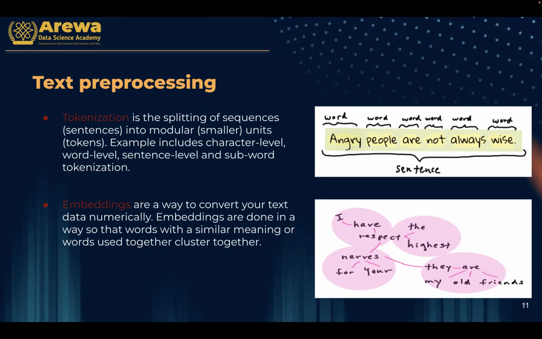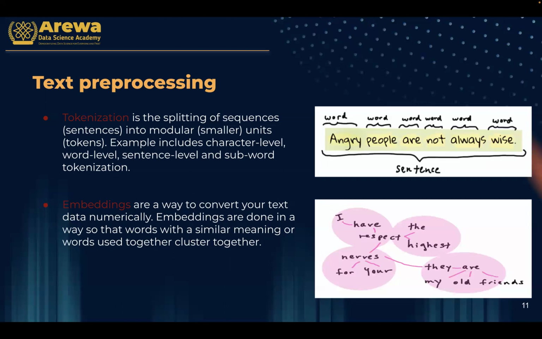They get each word. Sometimes it's about knowing the importance of each word in a sentence. So if I say angry people are not always wise, I want to know that the people that are not always wise are angry people. So I have to get these words to interact with each other, usually at the token level.